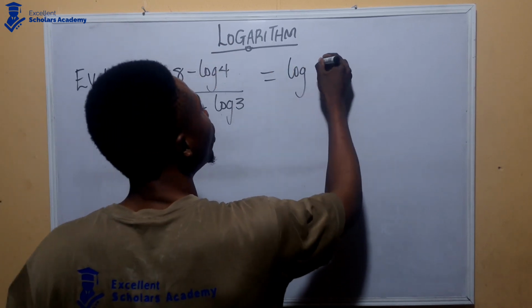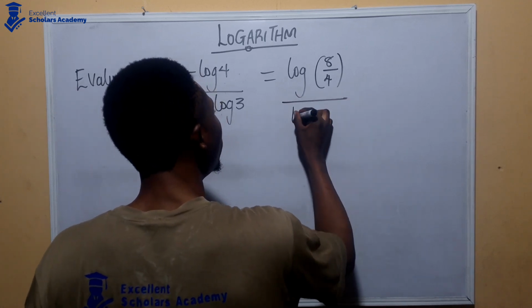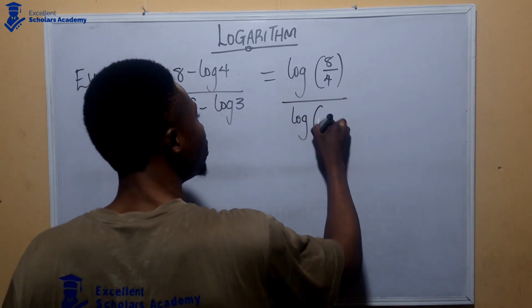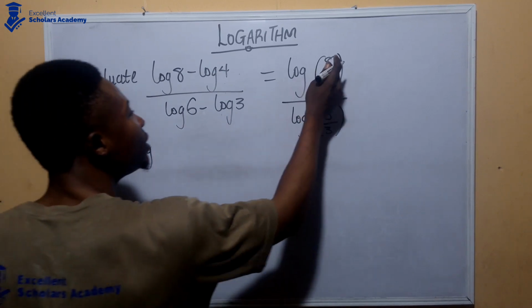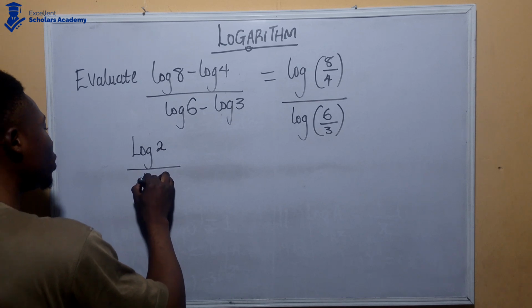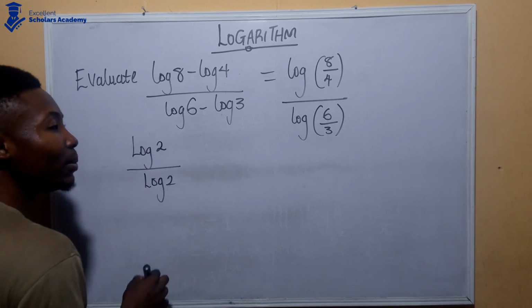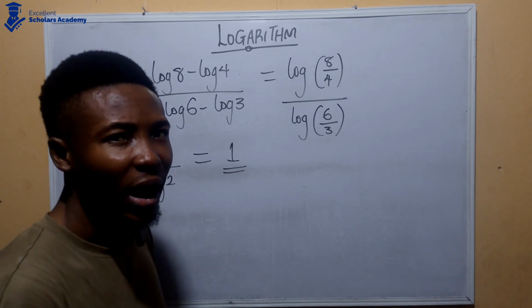It becomes log of 8 over 4, over log of 6 over 3. 8 divided by 4 is 2, that becomes log 2, and 6 divided by 3 is 2, that becomes log 2. Now log 2 divided by log 2 gives you 1. Anything divided by the same thing gives you 1. So the answer is 1.